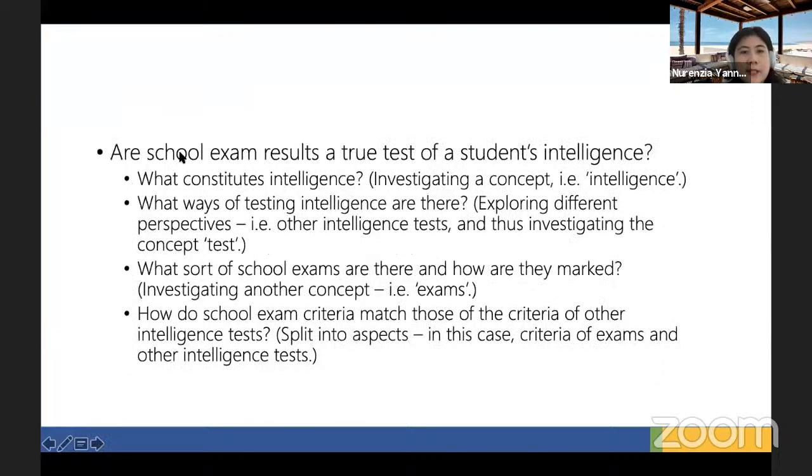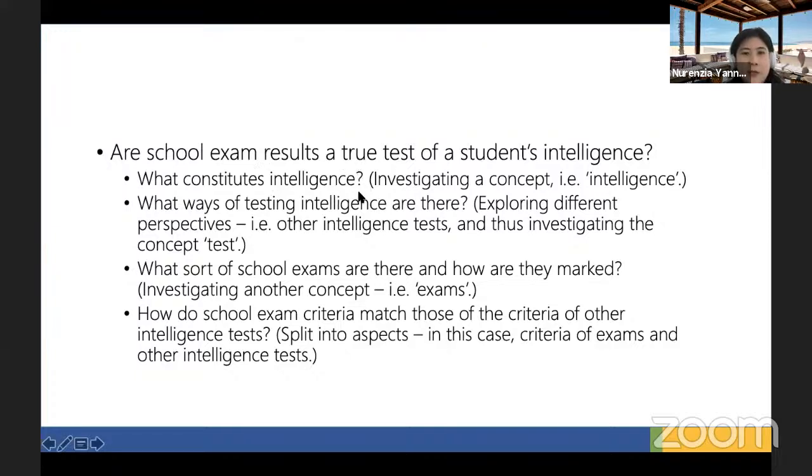So for example, are school exam results a true test of students' intelligence? Jadi apakah school exam itu adalah representasi nyata gitu dari students' intelligence. This is your main question, for example, and you can split it into smaller and more detailed questions. Jadi what constitutes intelligence?